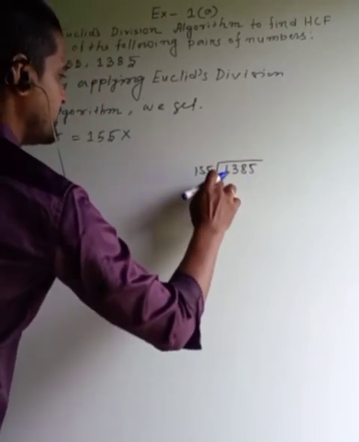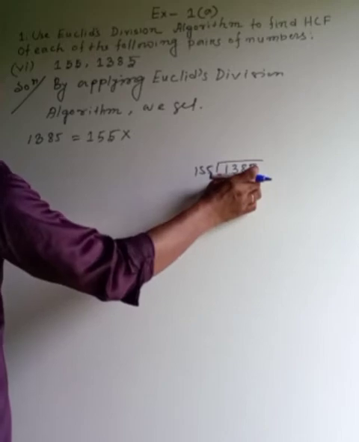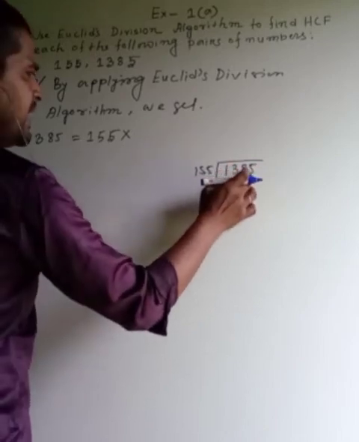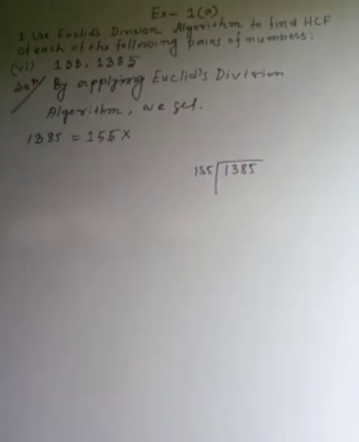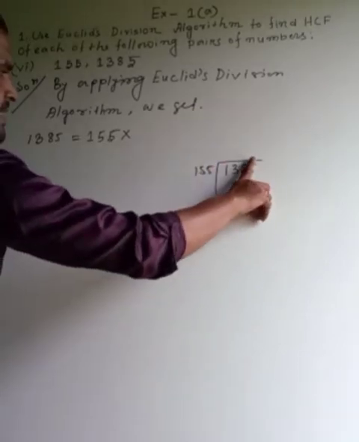We have to divide 1385 by 155. How many times can it go? The easy method is, we can cancel the 5 in both.